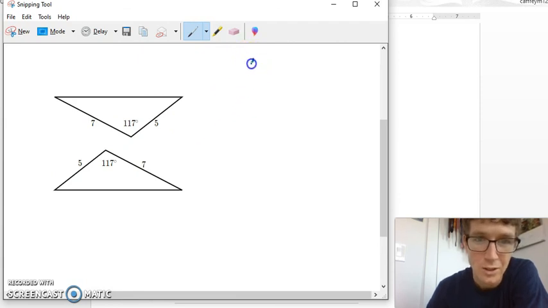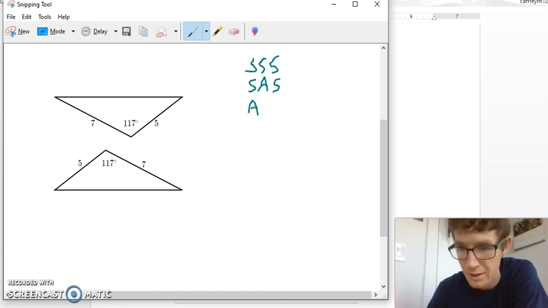You can know they're congruent by knowing that all the sides are the same, that's SSS. You can know it by knowing that a side, an angle, and a side are the same, in that order: side, angle, side. Or it could be angle, side, angle.